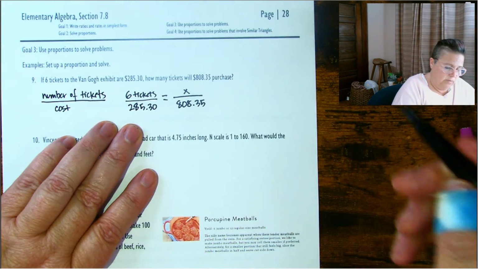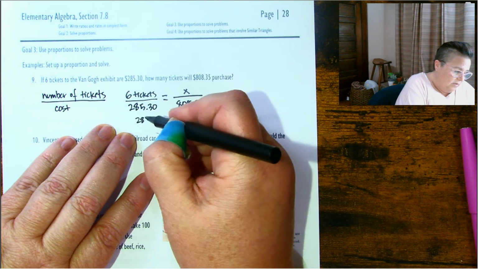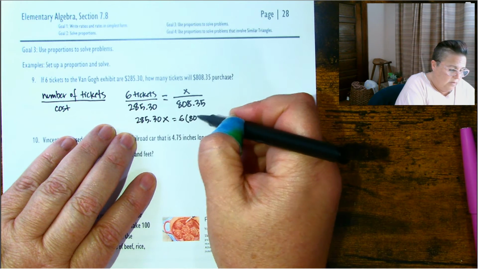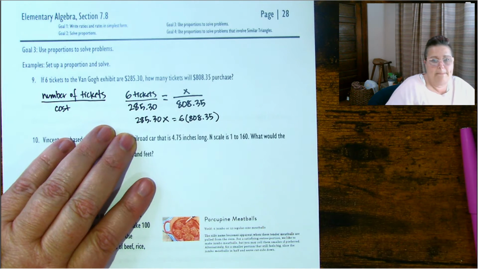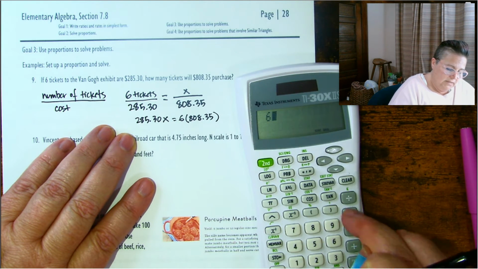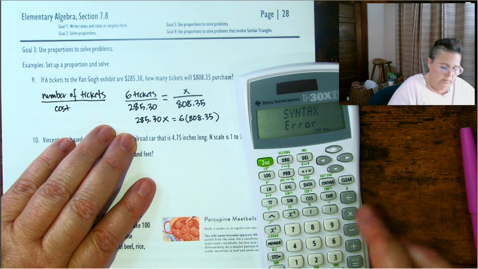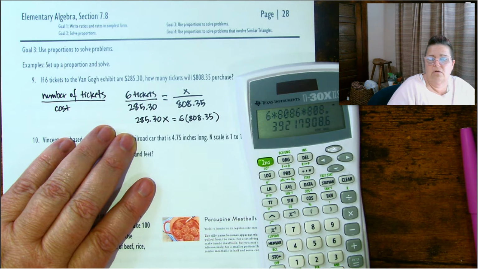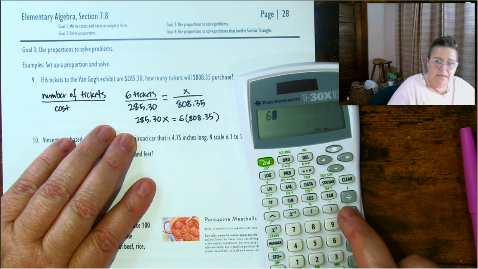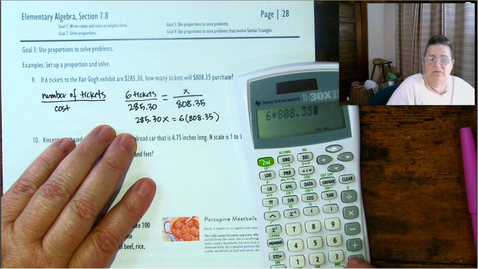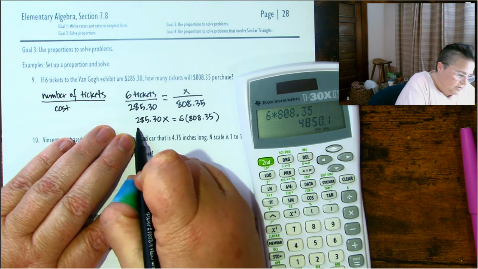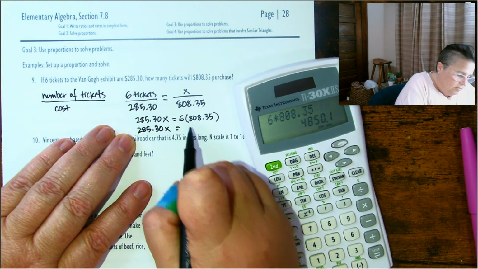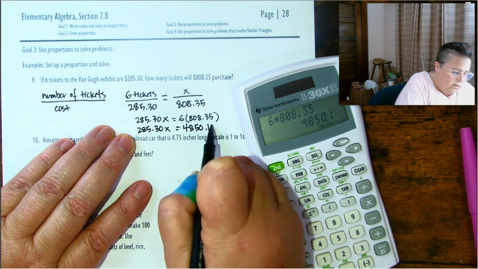Okay, so when I cross multiply, the product of the means, 285.30 times x, has to equal 6 times 808.35. 6 times 808.35 is equal to, so I've got 285.30x has to equal 4850.10.